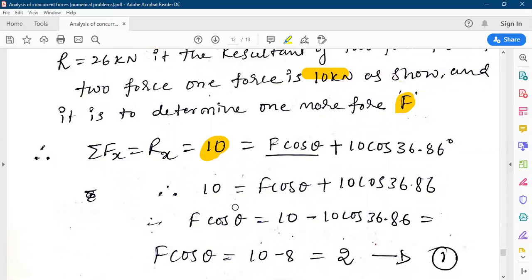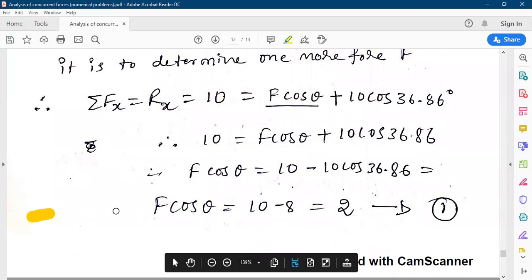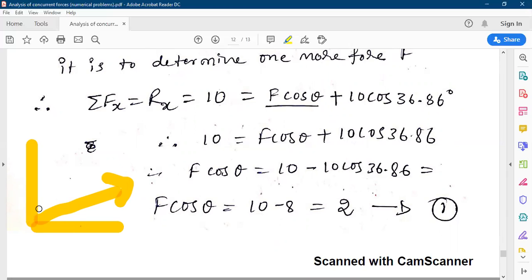So let us consider the force 10 and the unknown force as F, right? So these are the two forces we can try to assume. This is the y axis, x axis, and there are two forces. One is 10 kilonewton, the other one is unknown F. This F is unknown and this is 10 kilonewton, right?